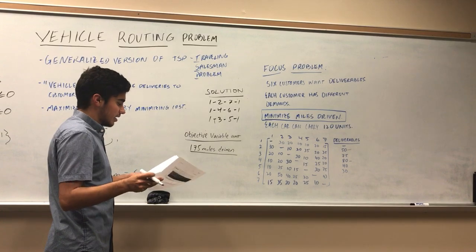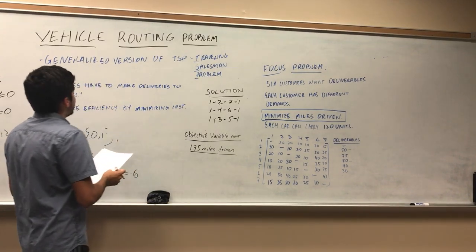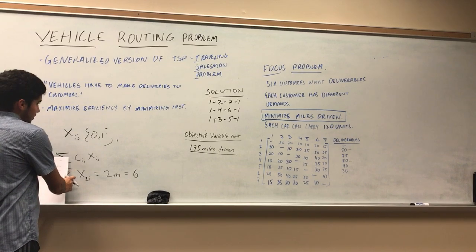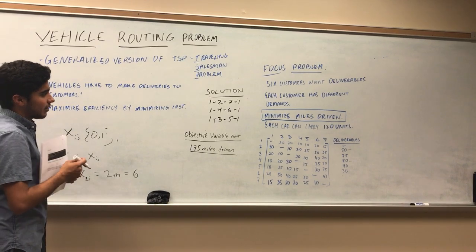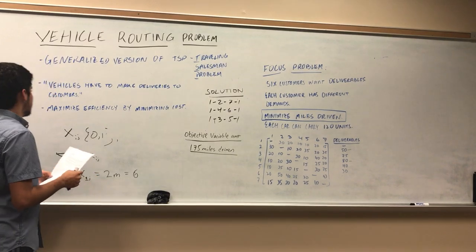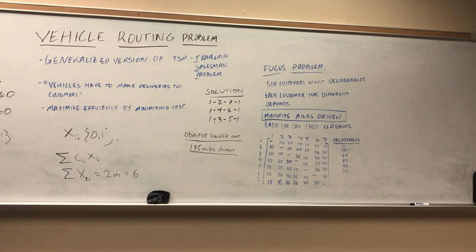So, in conclusion, the vehicle routing problem is shown here. It's relatively straightforward. You have to add constraints to subtours. So these constraints right here are called subtour constraints, because you're limiting the subtour possibilities of the vehicle routing problem.